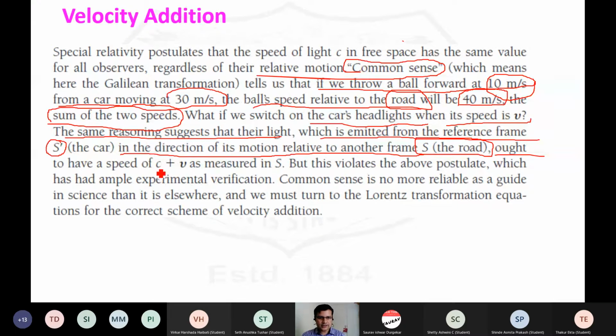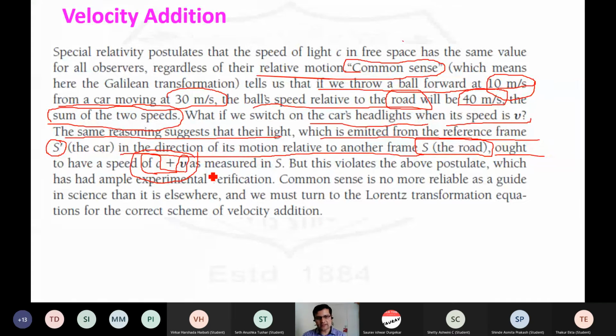The light is moving with the speed of light, and the frame is moving with velocity v. So c plus v is the value you will have, the resultant value measured in the stationary frame, the velocity of light plus the velocity with which that frame is moving.